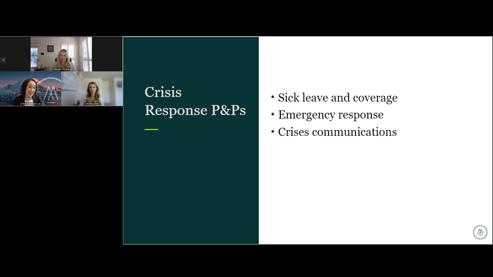Do they actually know what's in them? Especially with crisis response, it's so important that you ensure there is appropriate training and distribution of these types of policies, so that you can be protecting people in health and safety situations or in reputational risk situations as well.